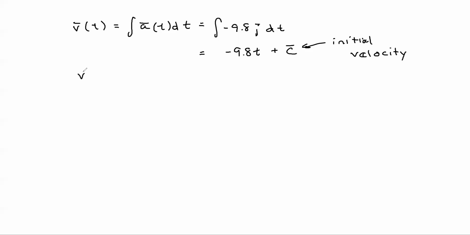So v of 0: plug in 0 for t, you get negative 9.8 times 0, that's 0, plus c. So we know that v of 0 is equal to c. The question is, what is v of 0? What is the initial velocity as a vector?